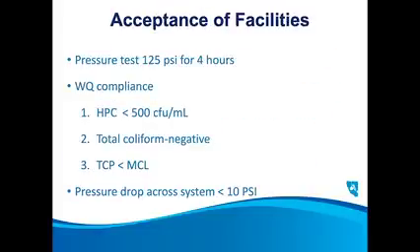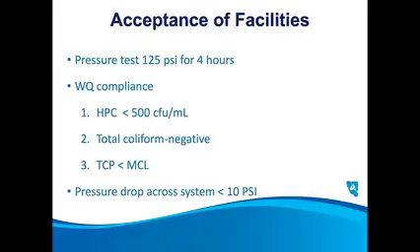So for the next couple of slides, I'm going to talk about the acceptance of facilities. This is after we're through the construction process. We went through a series of steps to make sure that our system was designed as appropriate, didn't have bacteriological problems, and there were other things that we could assess throughout that process.